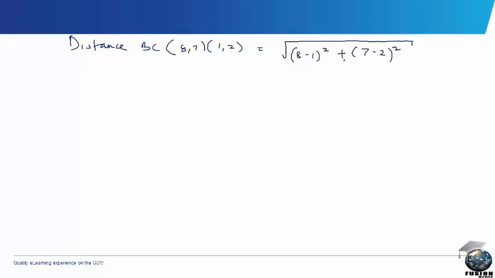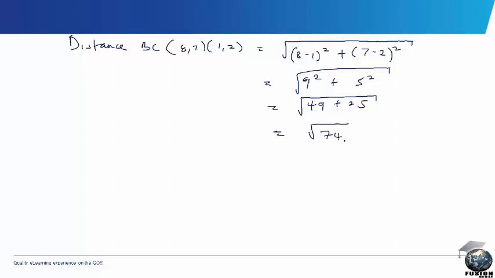And so we have distance BC equal to the square root of 7 squared plus 5 squared, so we have 49 plus 25. When we sum together, we have the square root of 74 units.